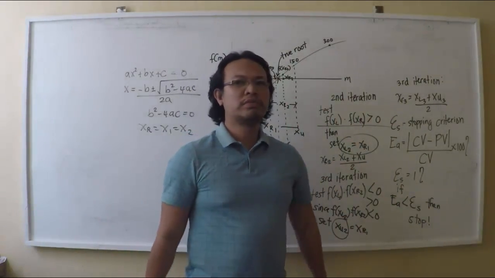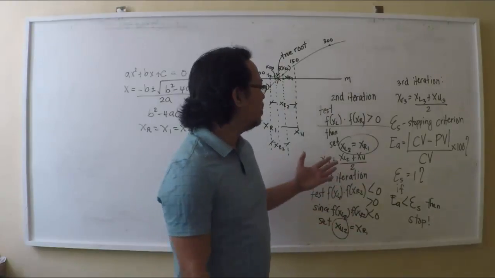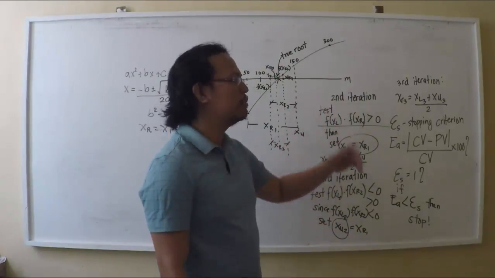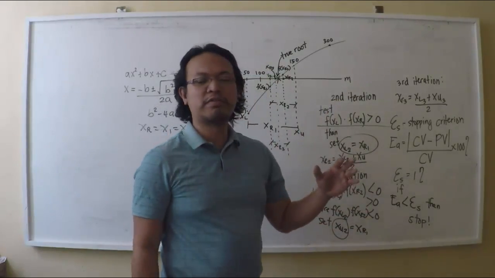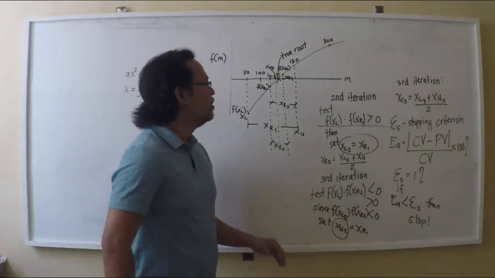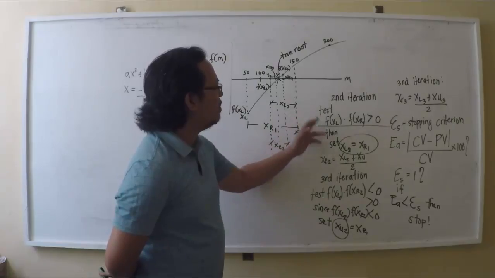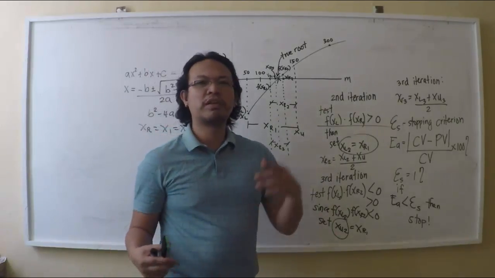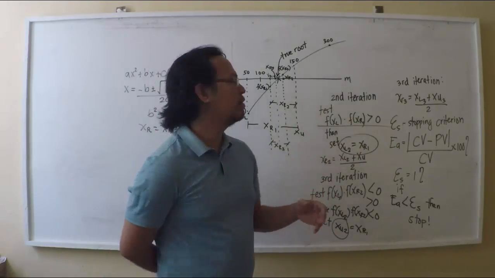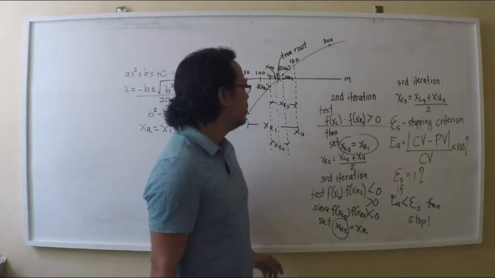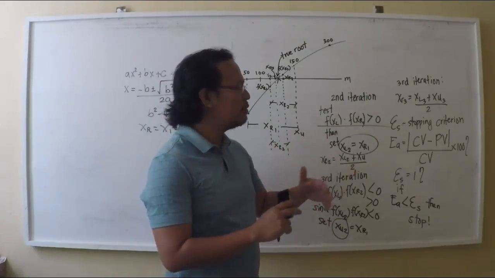So this is the basic method of the bisection method. The most important thing here is the test, and we will also use this test in the false position method, which we will talk about after some slides.